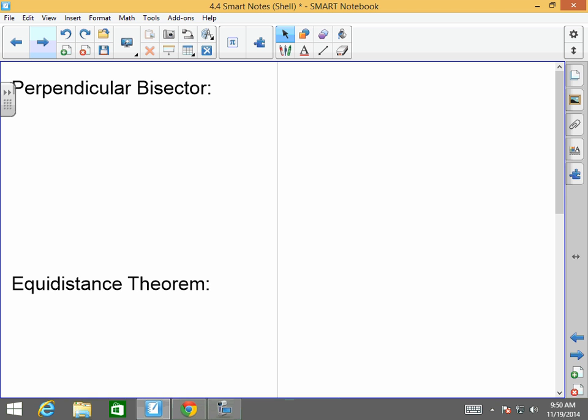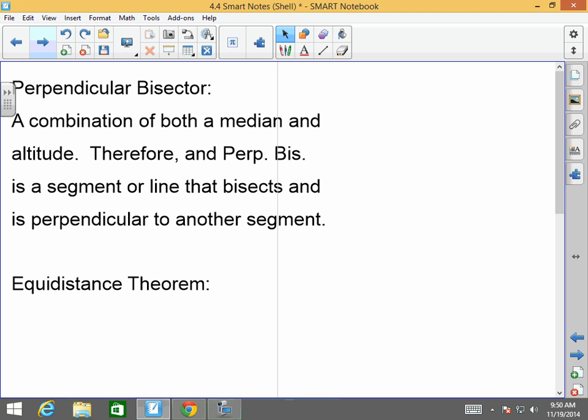All right, now, definition of perpendicular bisector. We kind of defined it yesterday, but now we're going to clarify it, solidify it, and make it really all come together. A perpendicular bisector, gentlemen, is a combination of both a median and an altitude.